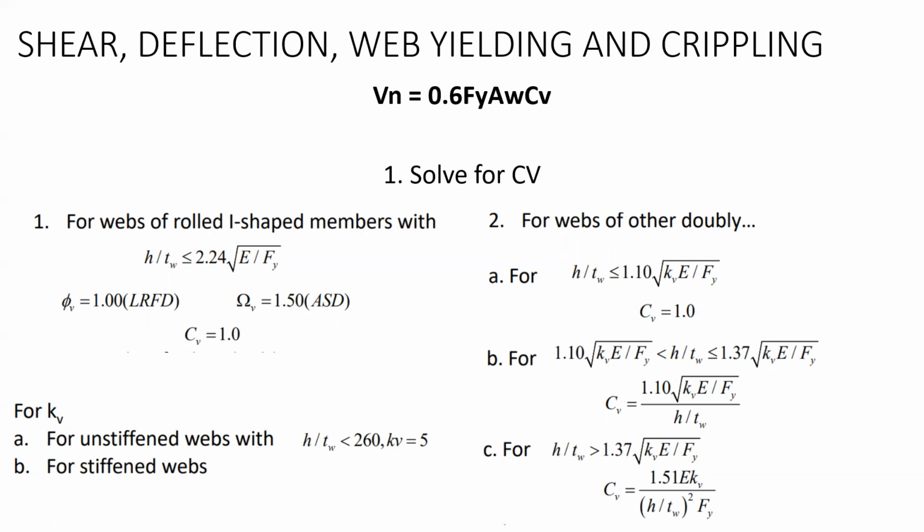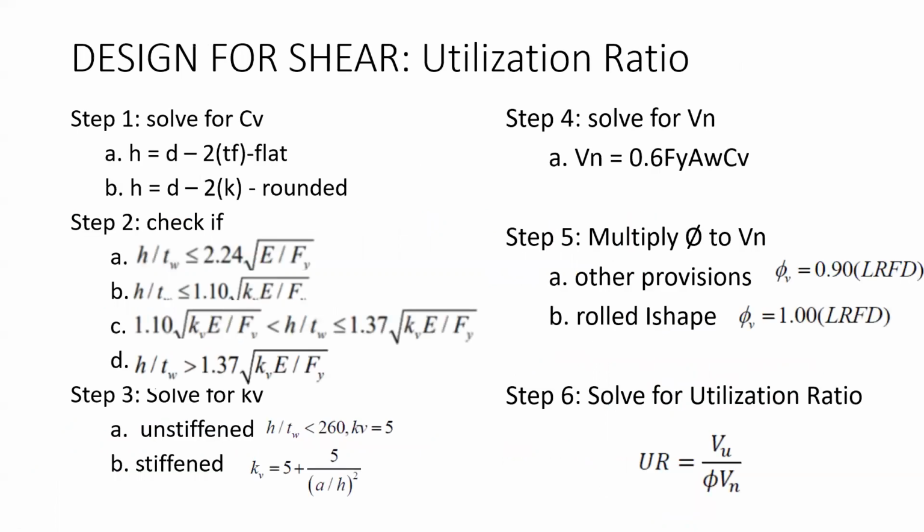And then lastly, if mas malaki pa siya dito, ang gagamitin nating Cv is equal to 1.51 E Kv over the square of h over tw times Fy.